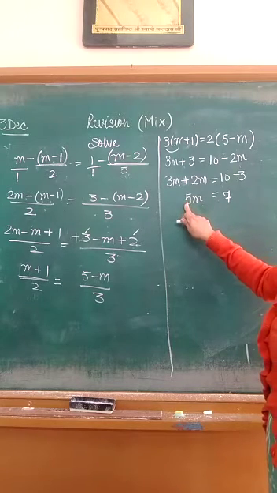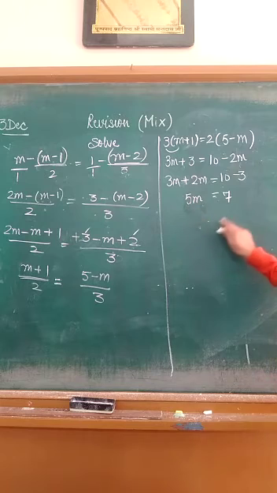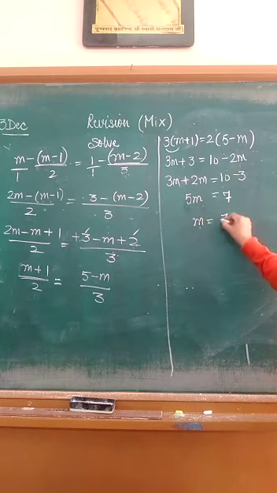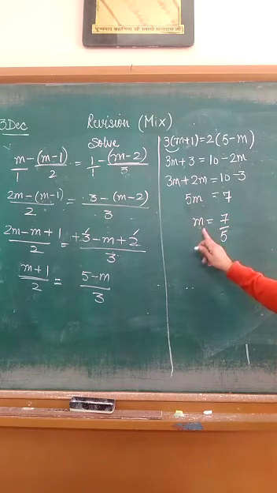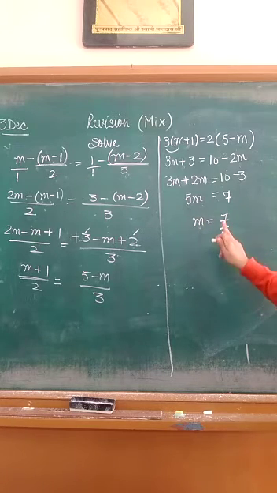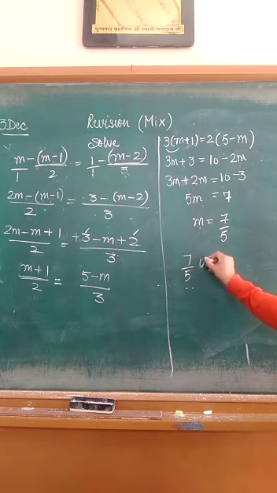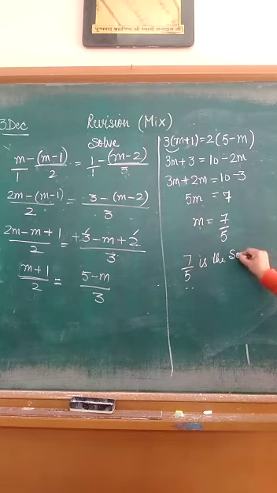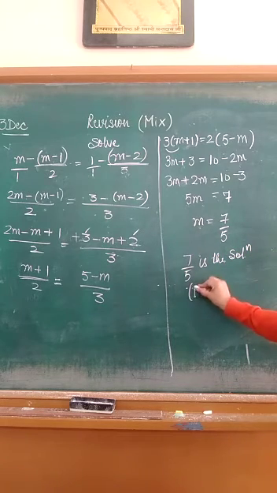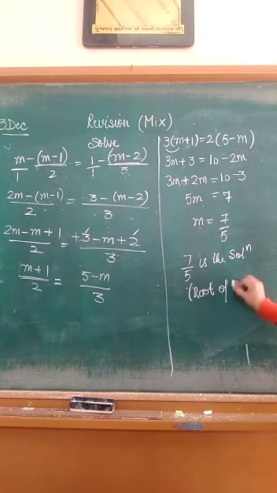When you shift this 5 on the right hand side, it will become divided. So 7 will be divided by 5. So the answer of this question is m is equal to 7 by 5. This 7 by 5 is the solution, or you can say root of the equation.